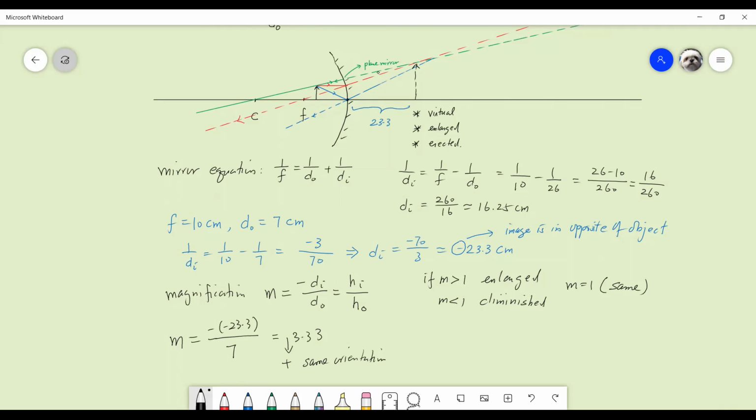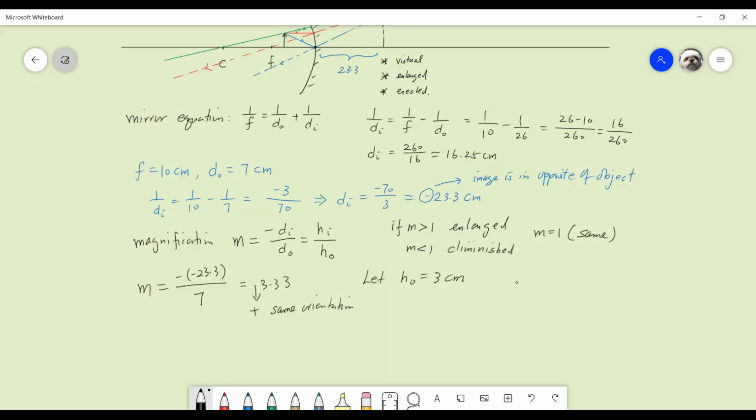Now let's say I want to find the size of the image. Let the object height be 3 centimeters.